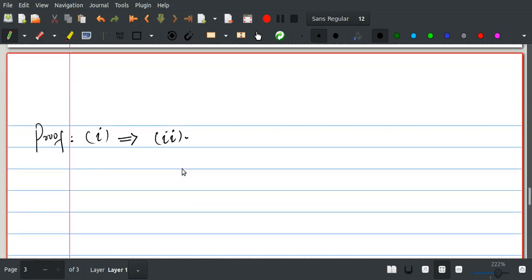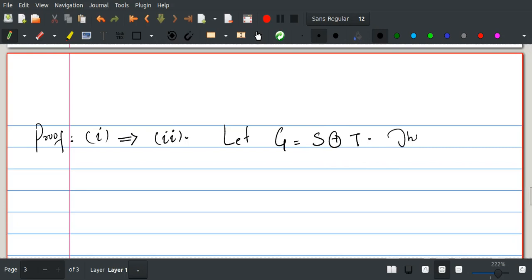So we are going to consider that G is the direct sum of S and T. Let G be the direct sum of S and T. Now if G is the direct sum of S and T, this means G is S plus T and S intersection T is the singleton 0, by the definition of the direct sum.